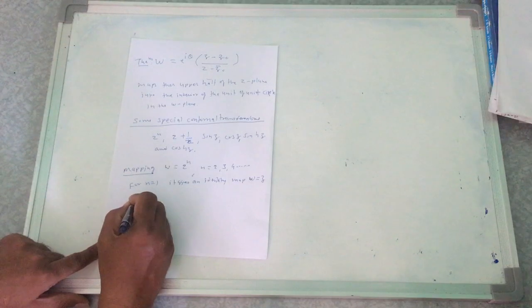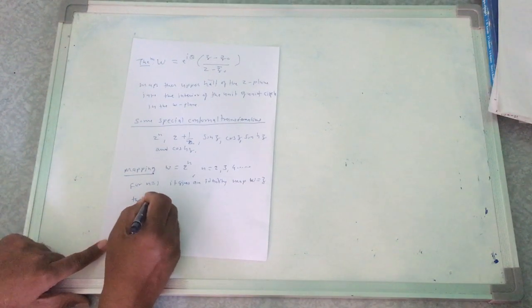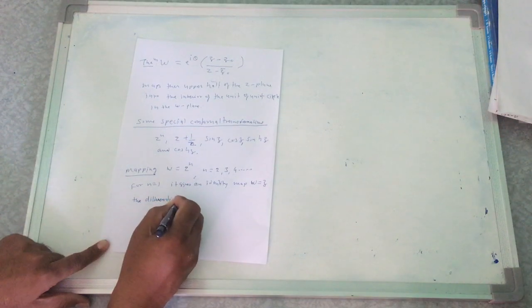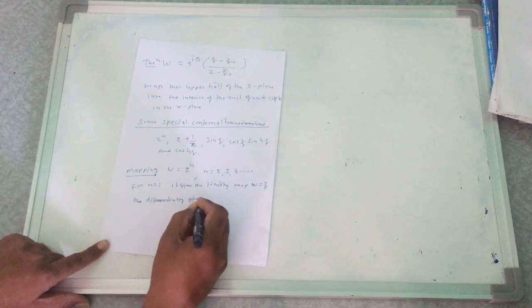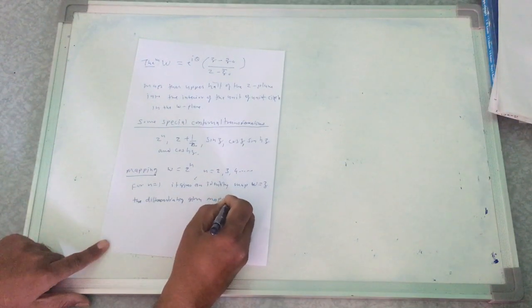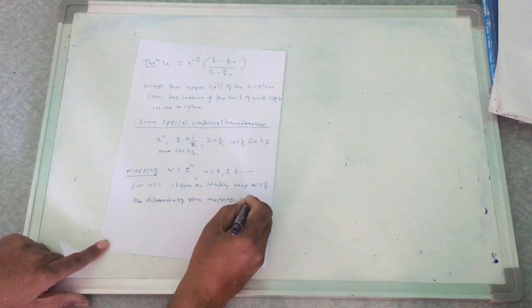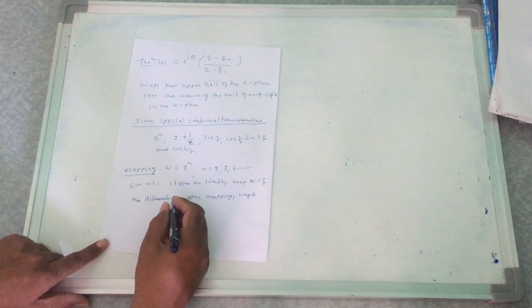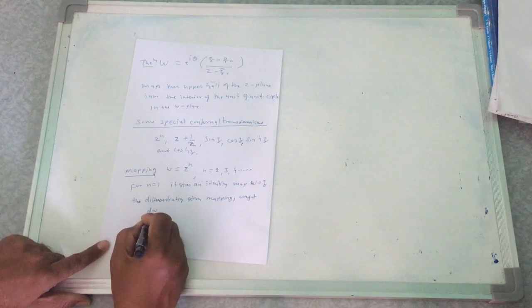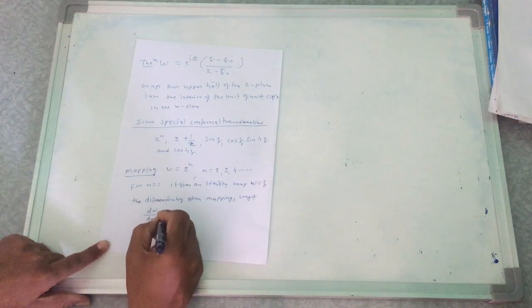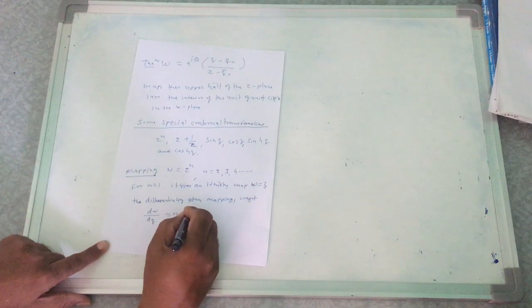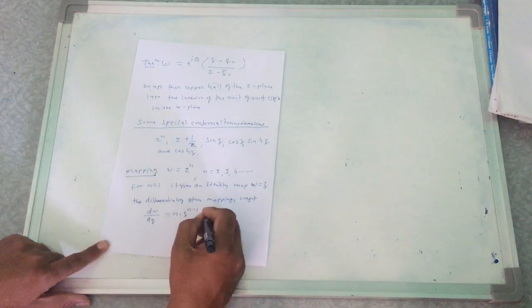Differentiating the given mapping, we get dw upon dz is equal to n z to the power n minus 1.